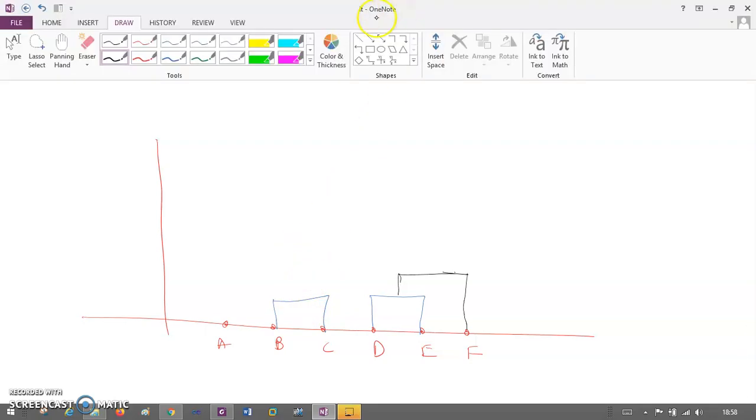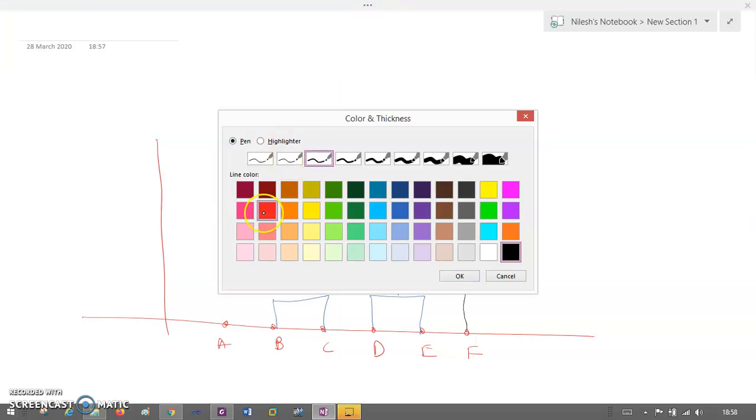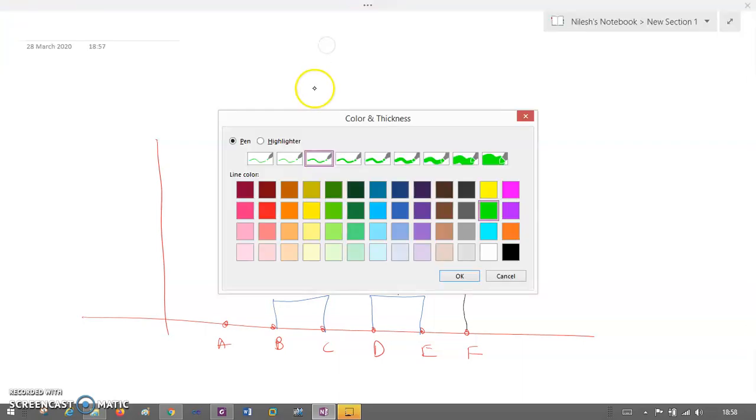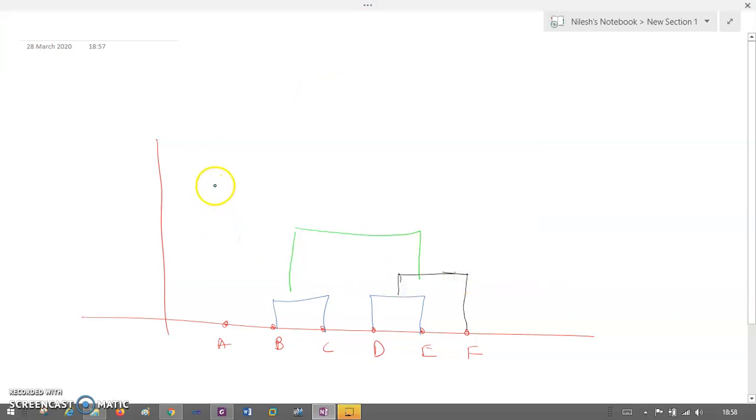So again I'm going here, and taking some color, I'm joining this BC and DEF. And at the last, we joined this BCDEF with the last data point.